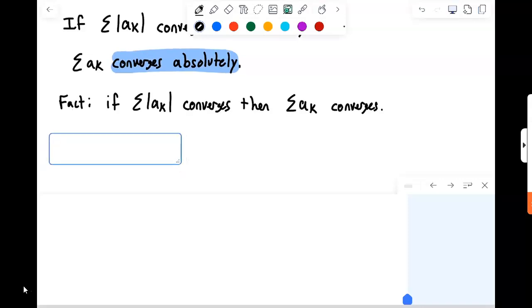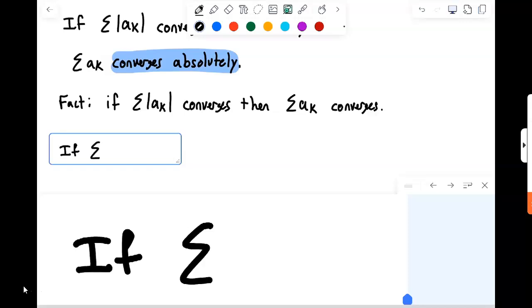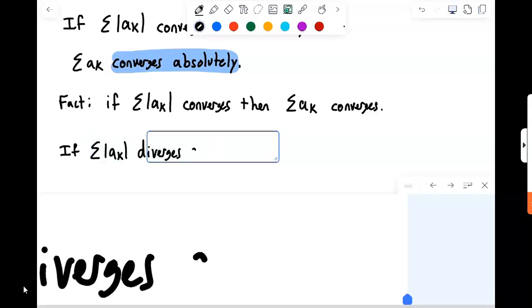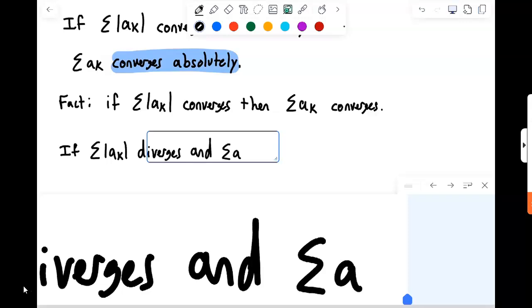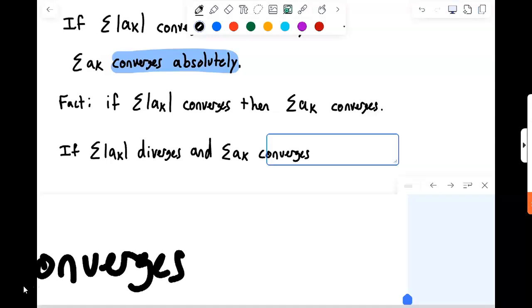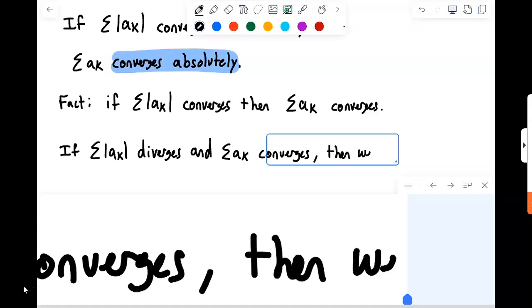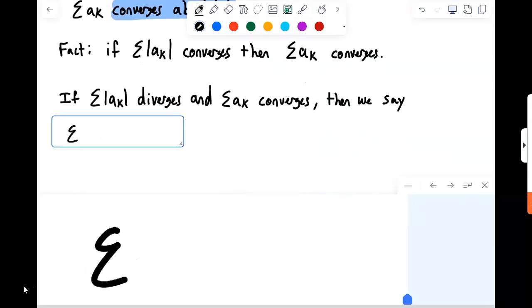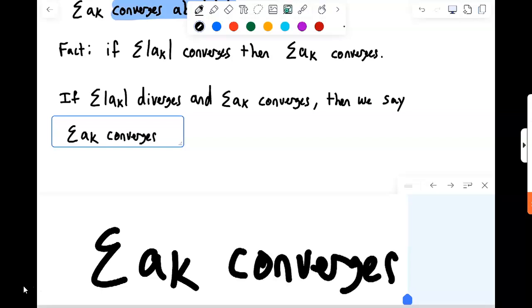Now, second definition here: if the series of the absolute value of a_k diverges and the series of the a_k where we drop the absolute value actually converges, then we say that the series a_k converges conditionally.